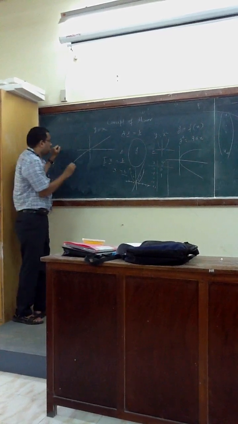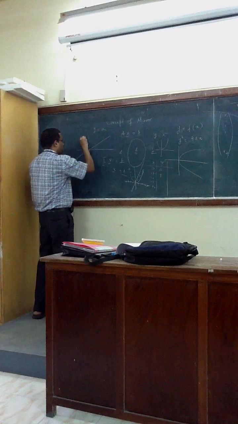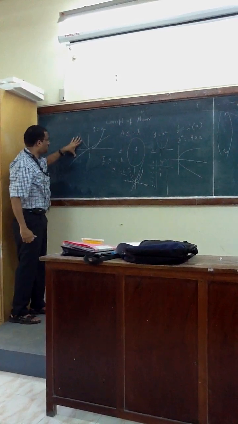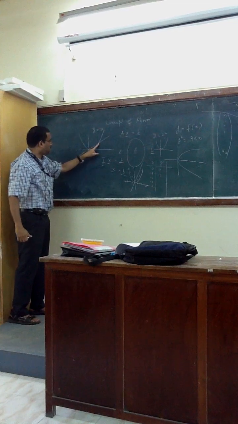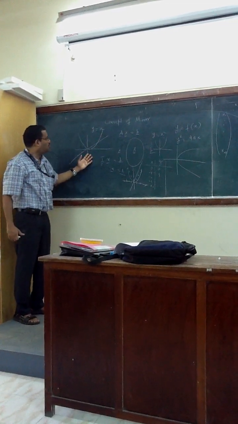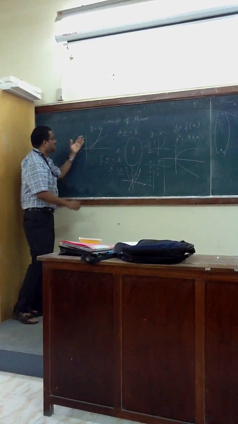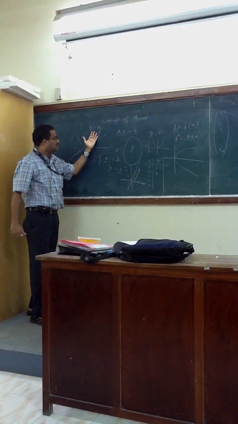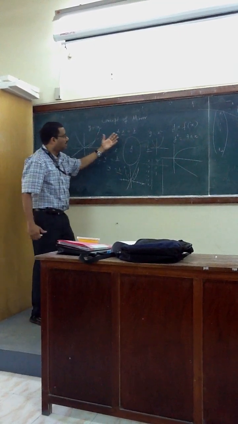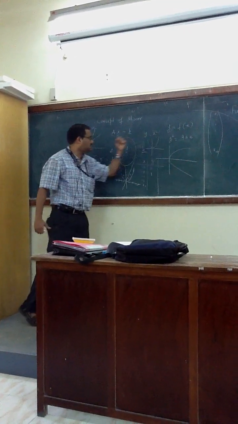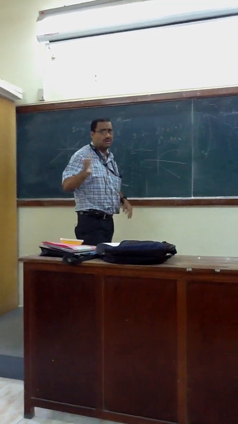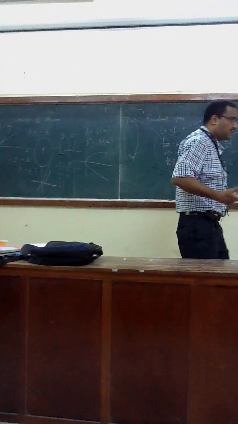For this kind of function, you can see so much distortion; only this point is the same. So in this case, y equals x is nothing but a plane mirror. But for the other cases, they are like a concave mirror or a convex mirror. That is the way we see.